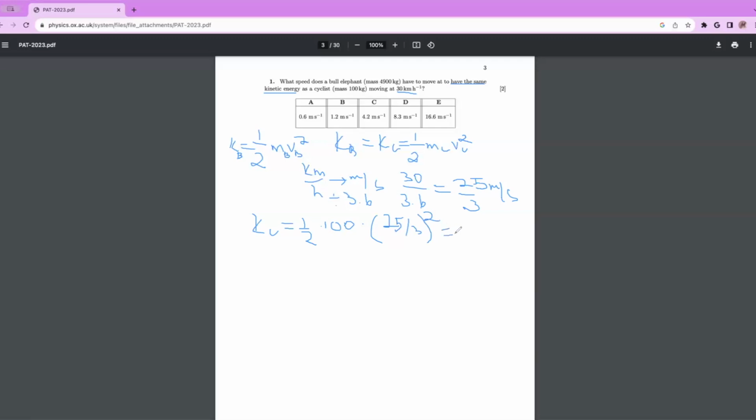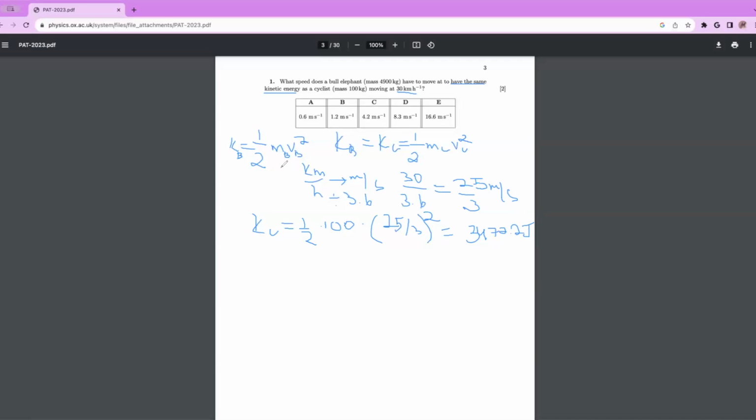And if we multiply this back out, and I'm using a calculator in my hand because I don't want to use the one provided online. So let's see, we'll have 50 multiplied by 25 squared divided by 9, which is approximately 3472.2 joules of energy.